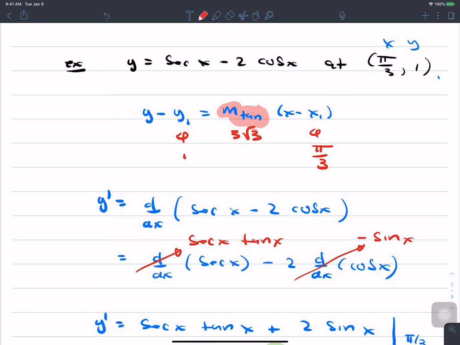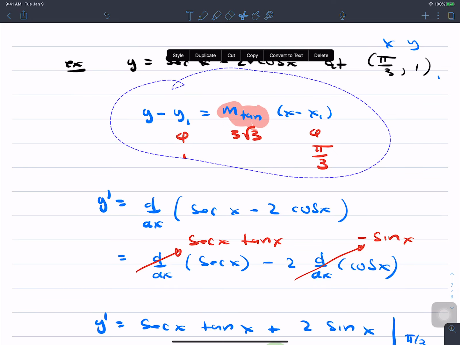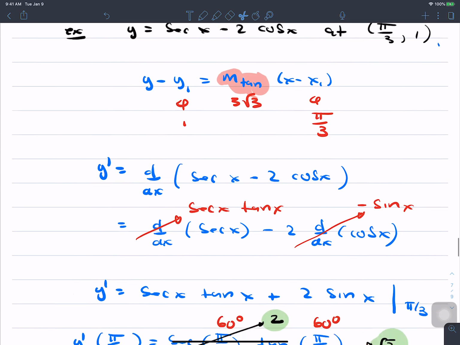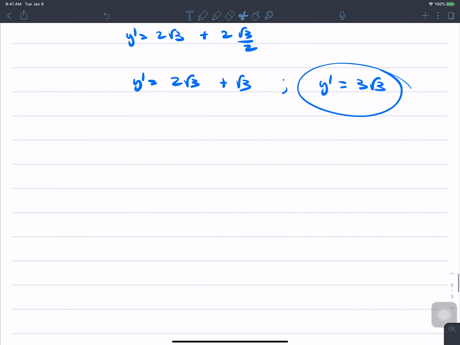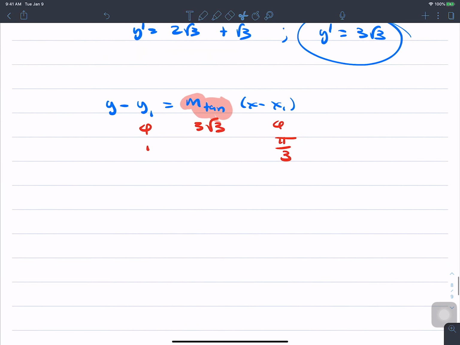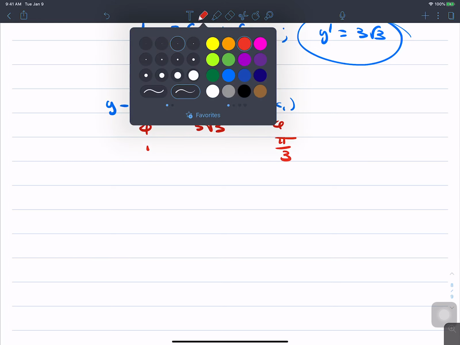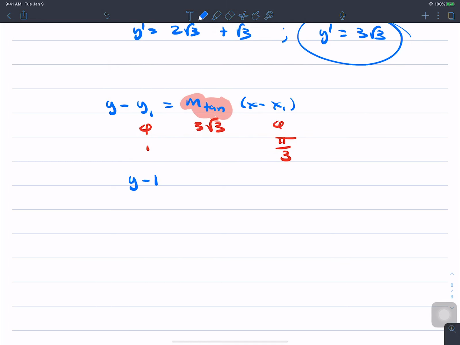So you get y minus 1. We're going to copy this and paste it. So y minus 1 equals 3 square root of 3 times x minus pi over 3.